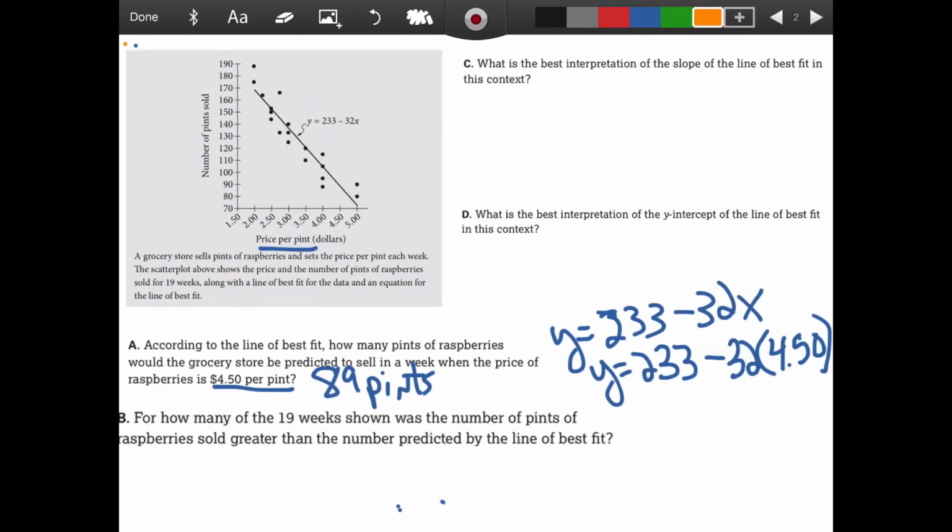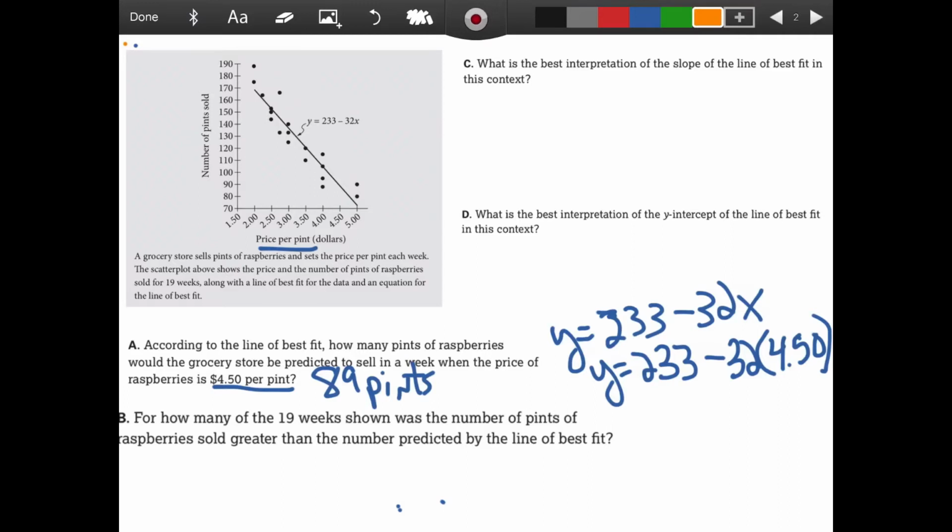The next, for how many of the 19 weeks was the number of pints of raspberries sold greater than the number predicted by the line of best fit, which is this line in the graph. If these dots represent the number of pints sold, we just want to go in and count the number of dots that are above that line, where they sold more than the predicted value.